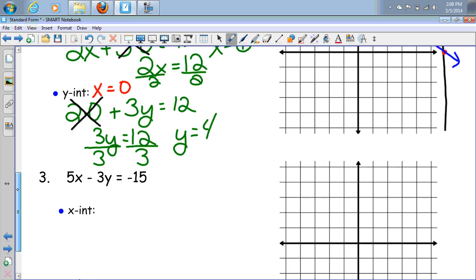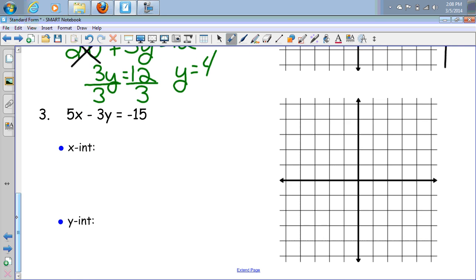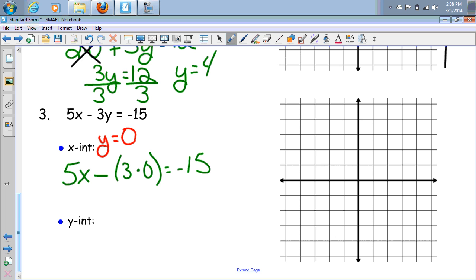Alright, I think you guys are getting the hang of it. Let's try our last one: 5x minus 3y equals negative 15. For our x-intercept, we said y is going to equal 0, right? So let's try it. It would be 5x minus 3 times 0 equals negative 15.